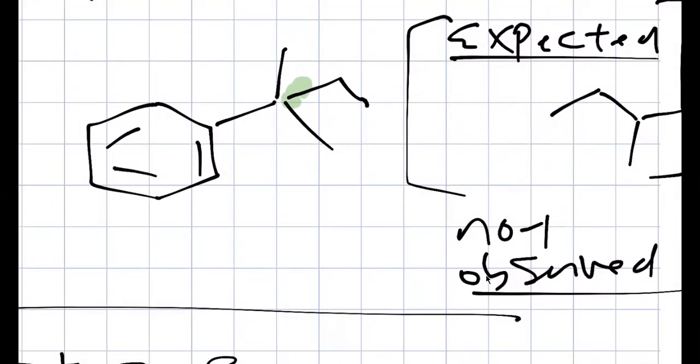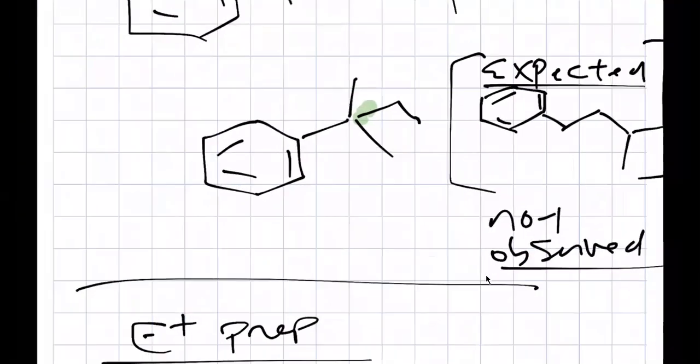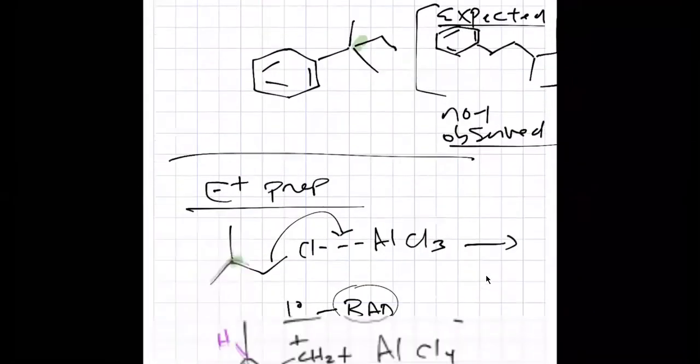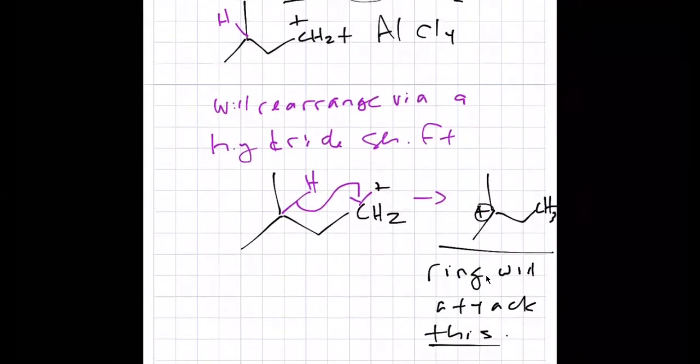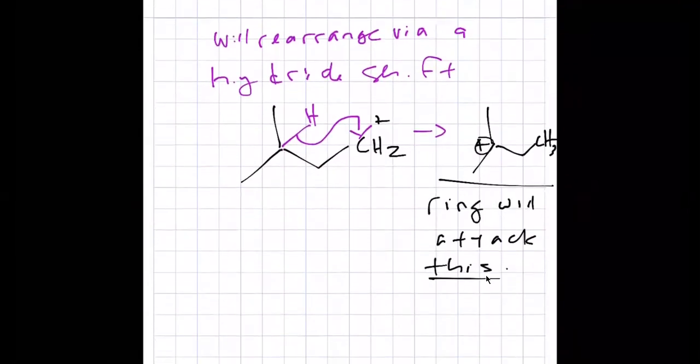Never fear, I can fix it. A lot of times when you do these alkylations, you see rearrangement depending on the type of alkyl groups you start with. In this case, this rearranged to give you a tertiary carbocation, which is more stable than the primary carbocation that was made during that electrophile preparation step.